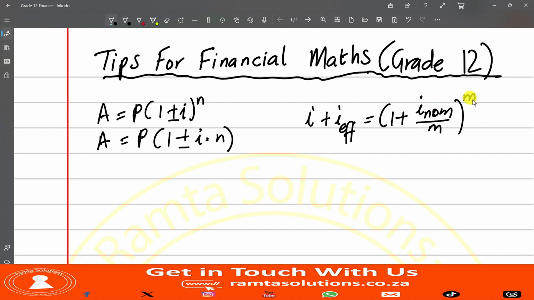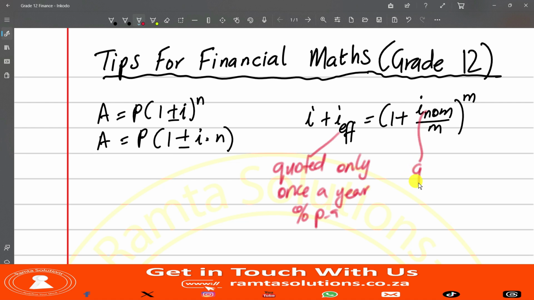Now, I need to expand on this. This is called effective interest. It's quoted only once a year, hence your answer will end with percent per annum.